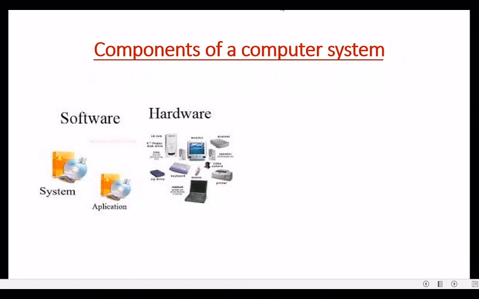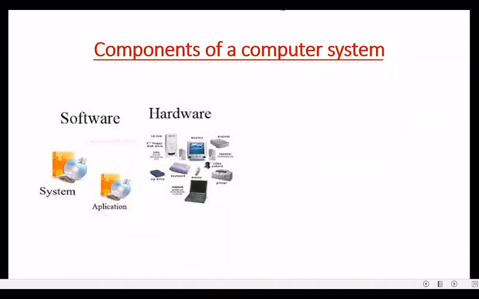Generally, your teacher has given you the example of Windows, meaning operating system. And the examples for application software are what we see when the computer opens: MS Paint, Notepad, WordPad, Excel. All these are called application software.